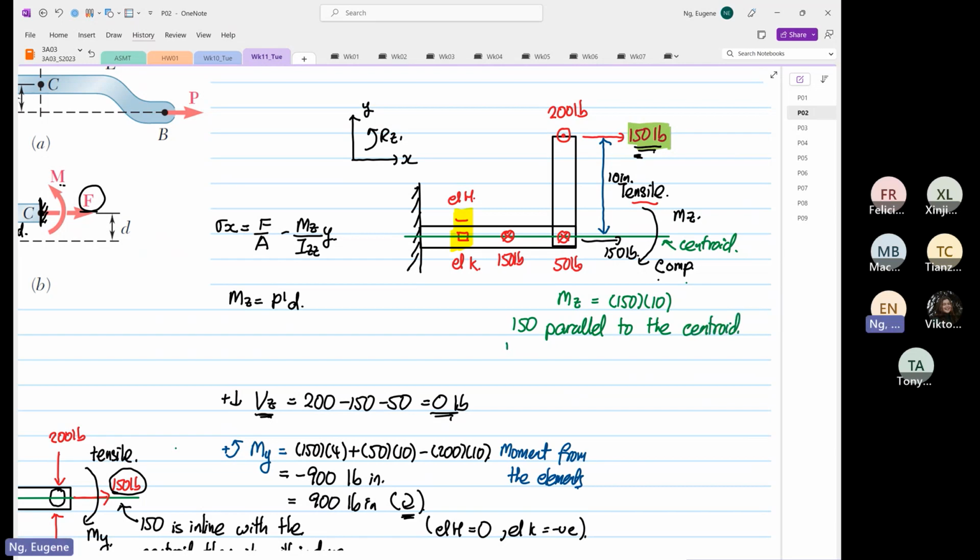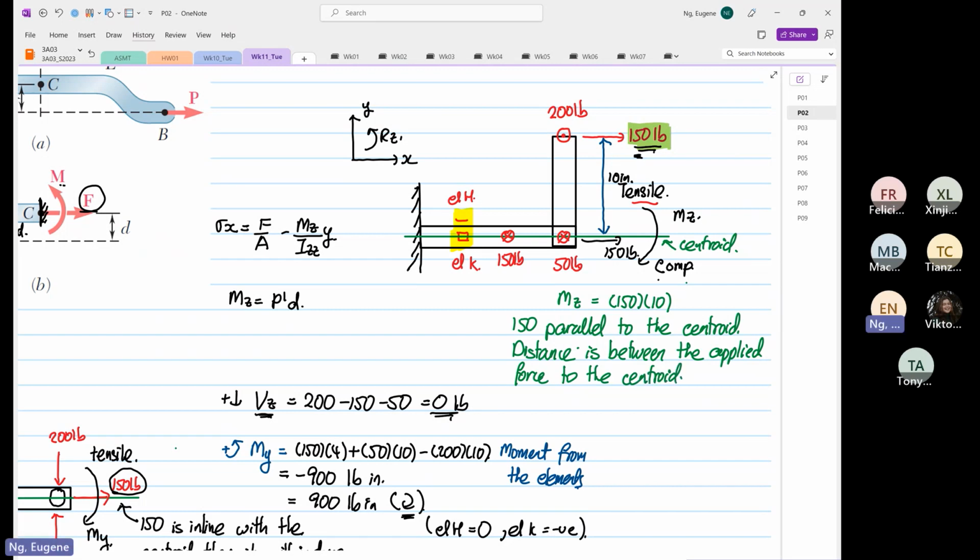So the distance to get the moment is between the applied force to the centroid, right?